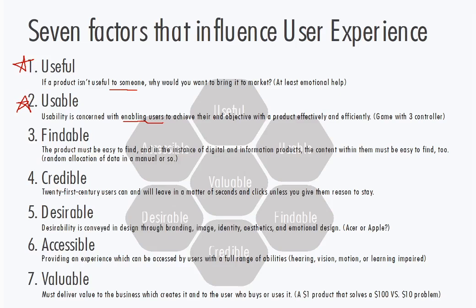The next is, product should be findable. The product must be easy to find, and in the instance of digital and information products, the content within them must be easy to find too.